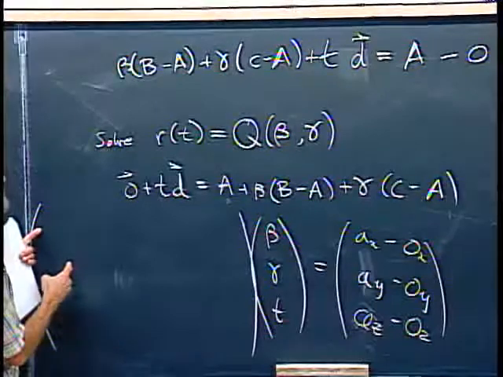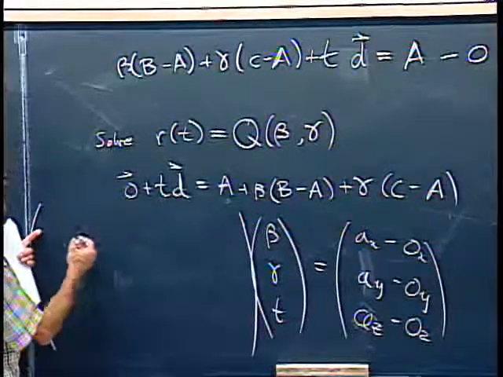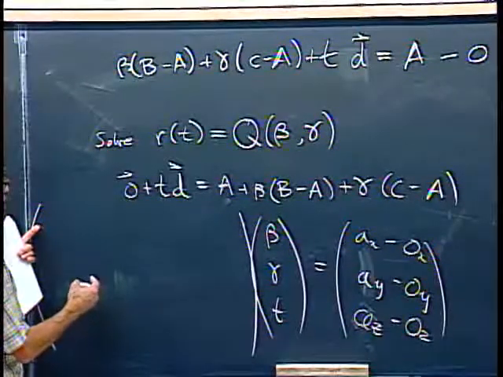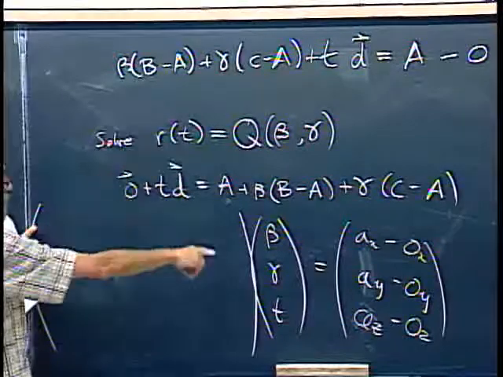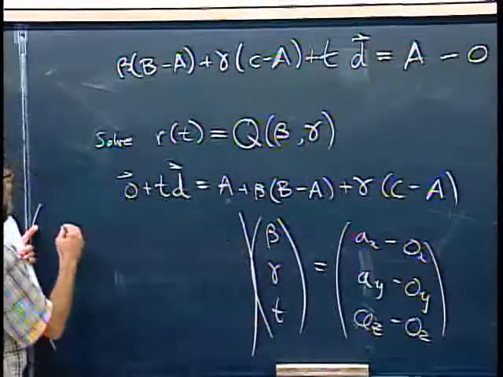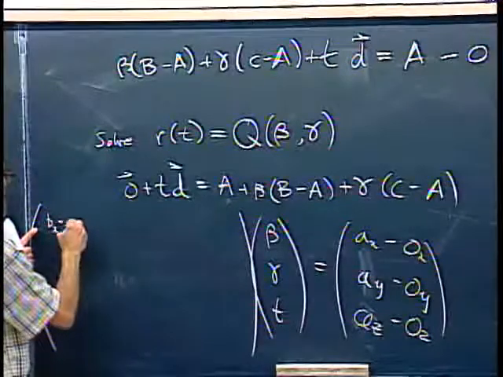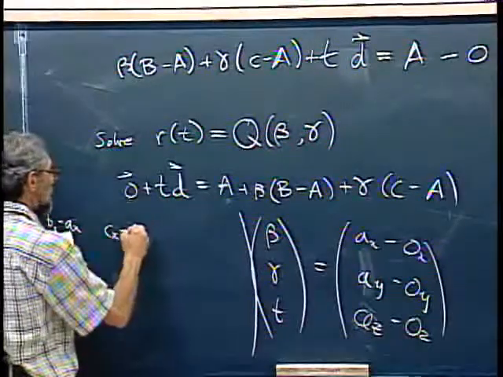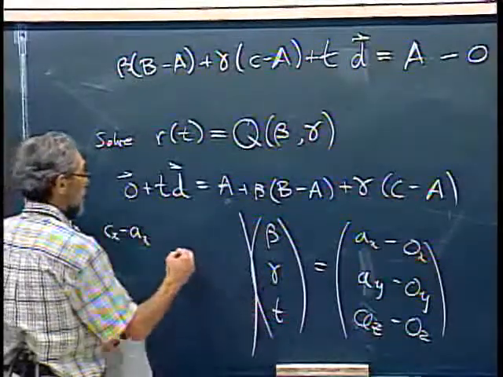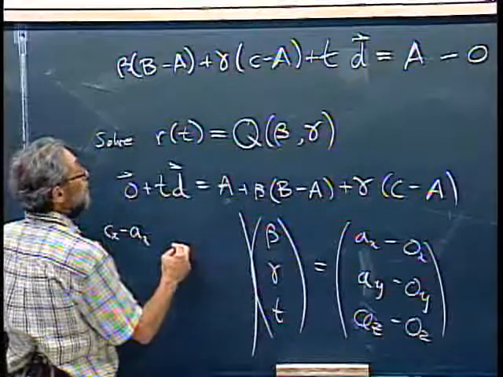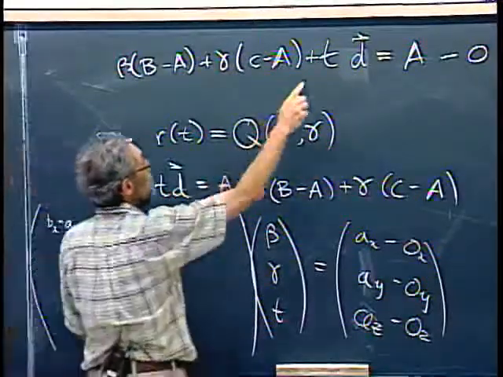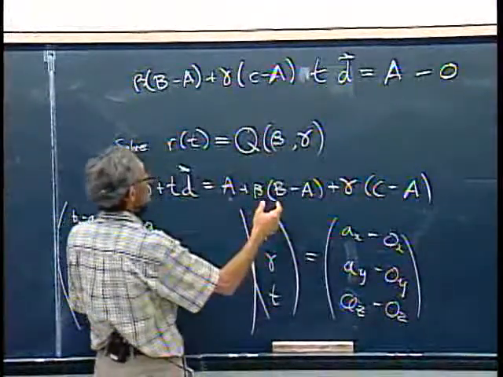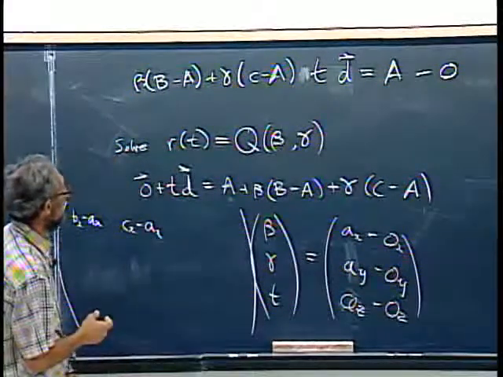What multiplies beta is B minus A. So for the x component, the x component of this equation is going to say Bx minus Ax times beta, and then Cx minus Ax times gamma, and then it's going to be, I think I made a mistake here. This should be minus, shouldn't it? Because I was writing what was on this side of the equation. Maybe let's see, did I?